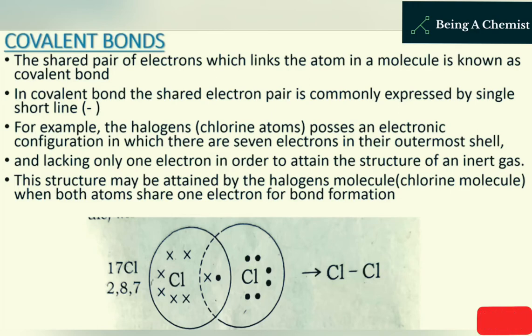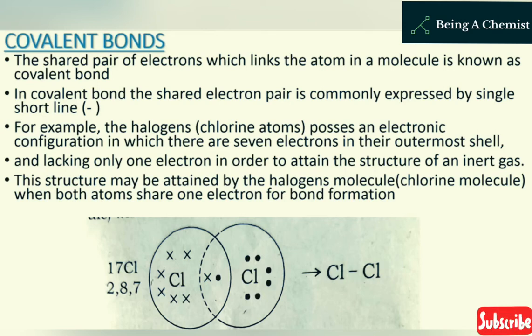So if we distribute these 17 electrons, the first shell will have 2 electrons, the second shell will have 8, and the third shell will have 7 electrons. That's how there are 7 electrons in its outermost shell, lacking only 1 electron in order to attain the structure of an inert gas.